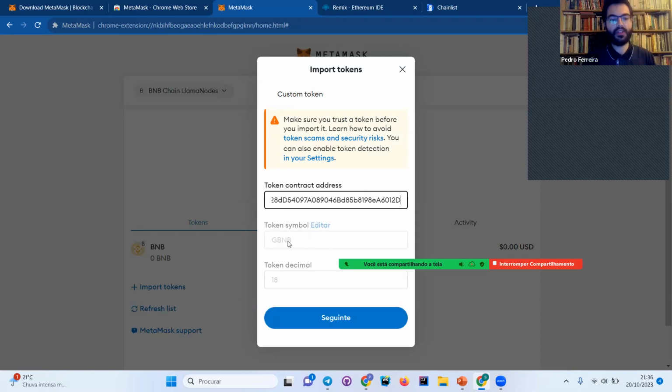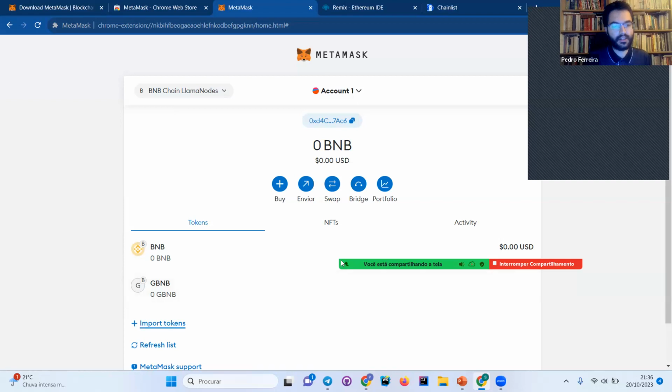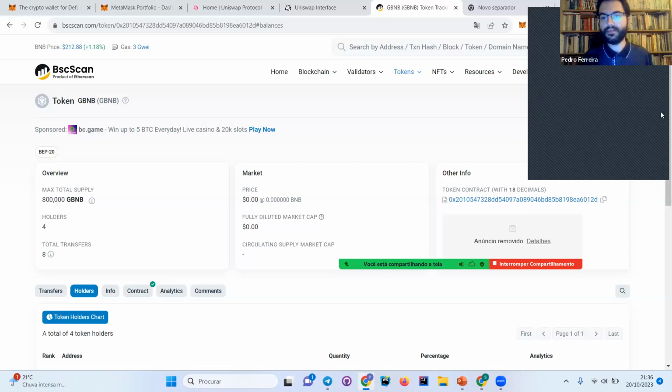It's going to process and show the token symbol, the token decimals, etc. Click next and import, and it will add the asset. Here, you need to go back after adding. I'm going to send you more, and you will need to reload.